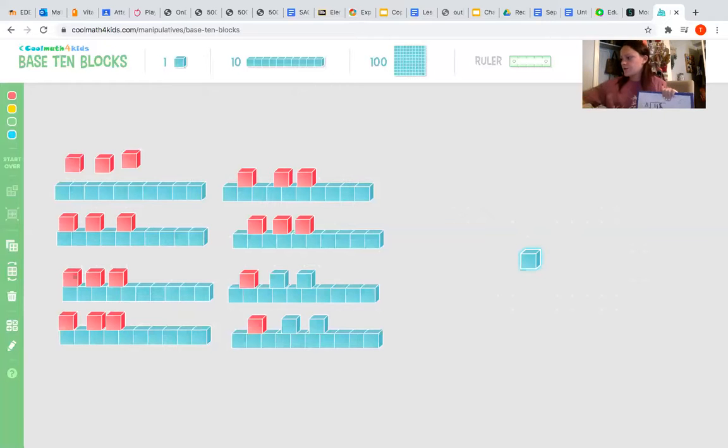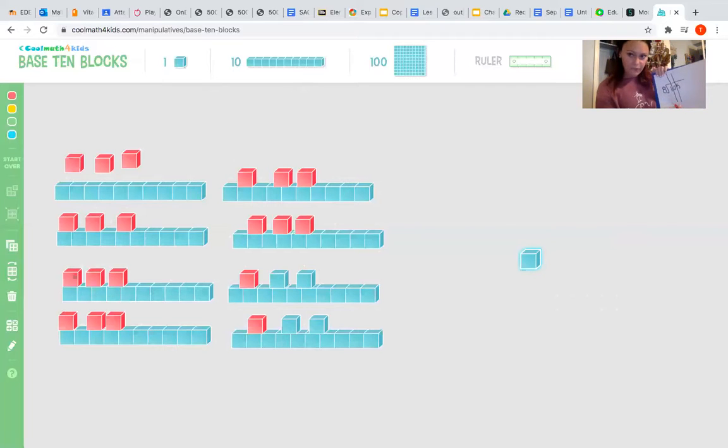And so, doing the standard algorithm for the problem, you have 105 divided by 8. I broke it down into the hundreds, tens, and ones column. We know that 8 can't go into 1, so we're going to go ahead and put a 0 above our hundreds place.